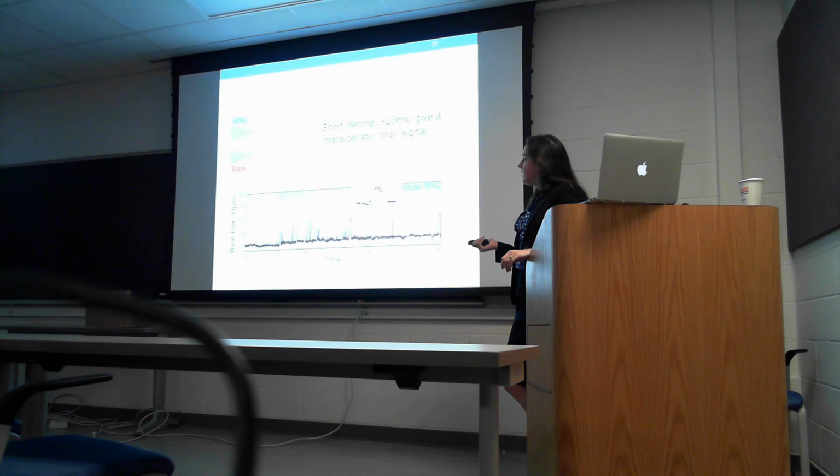And we see this characteristic blip signal in the presence of RPA. These melting events are about 5 to 10 base pairs in magnitude and very, very short, about 20 milliseconds. So RPA2 can open the hairpin.